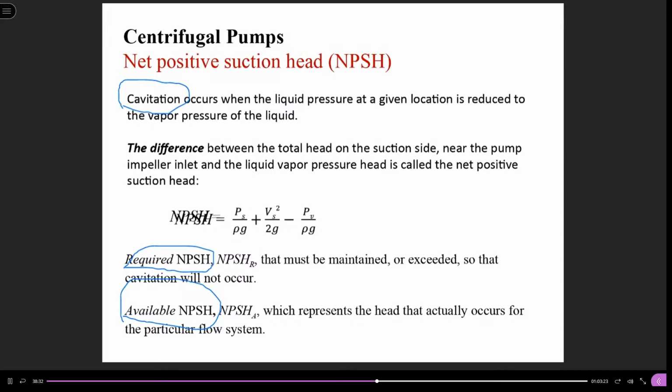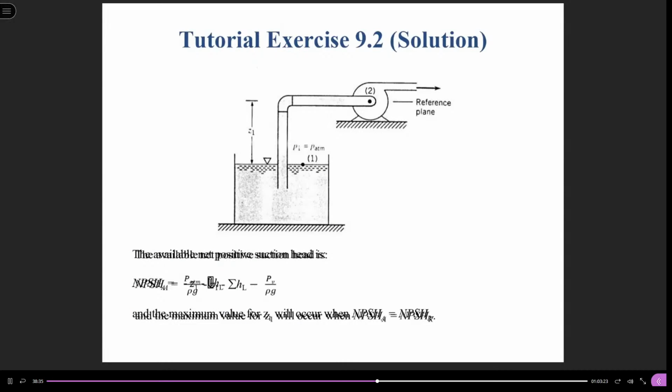So, the maximum value for the head, this part, will occur when available net positive suction head is equal to the required net positive suction head.